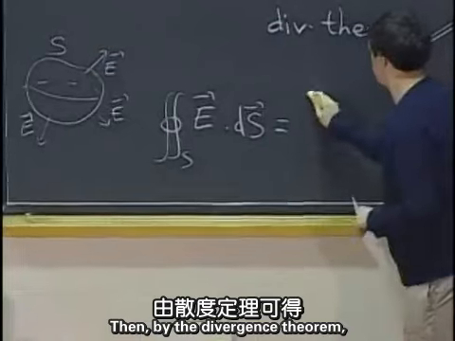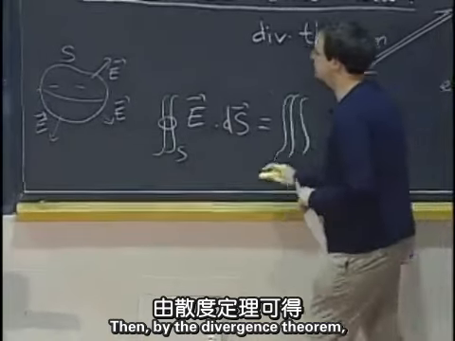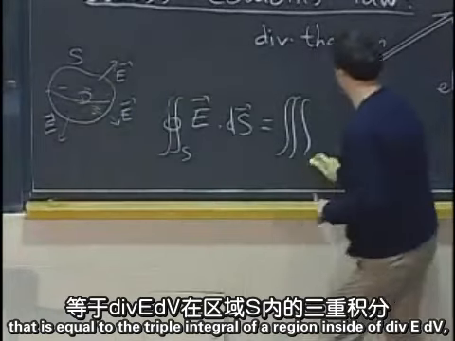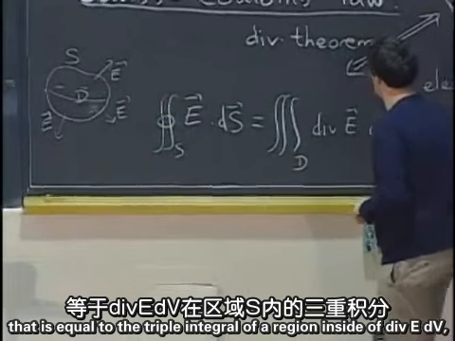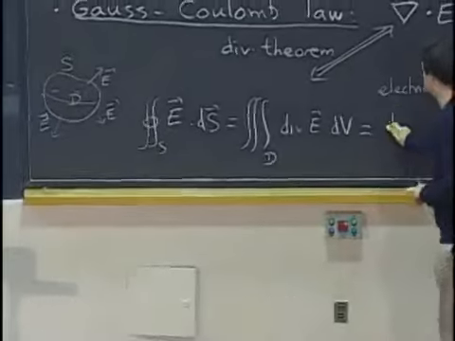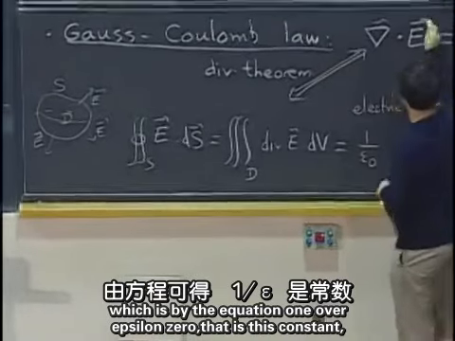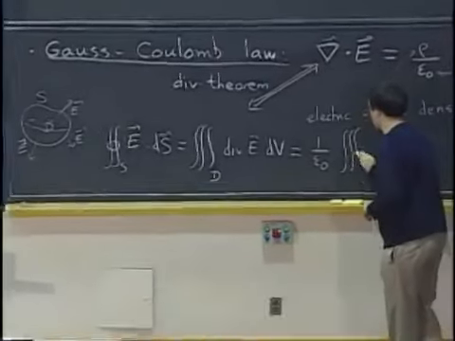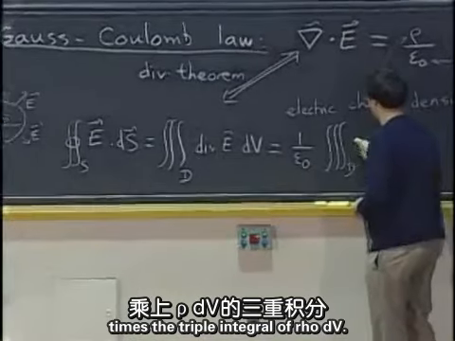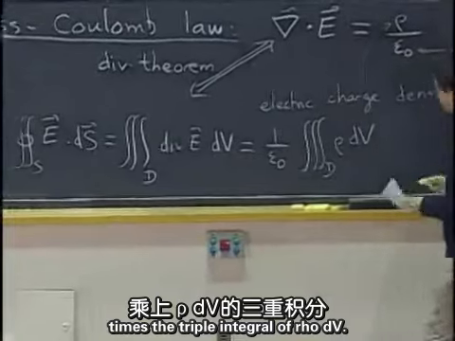Then by the divergence theorem, that's equal to the triple integral over the region inside of div E dV, which is, by the equation, 1 over epsilon 0, that's this constant, times the triple integral of rho dV.